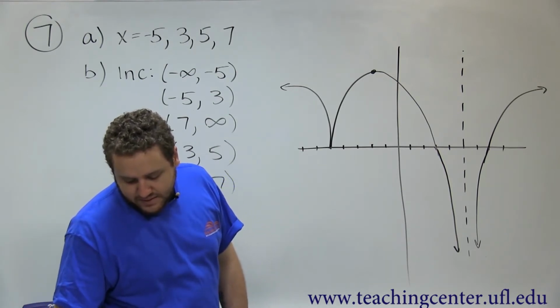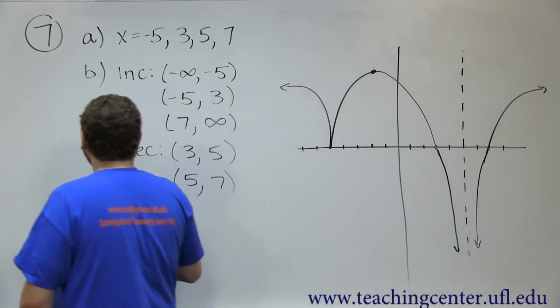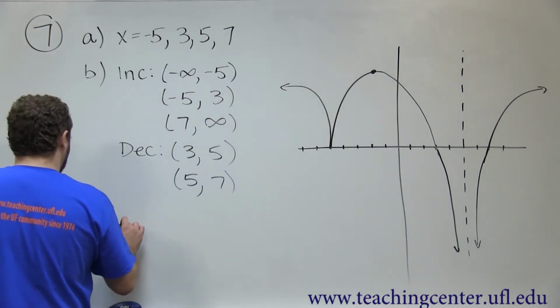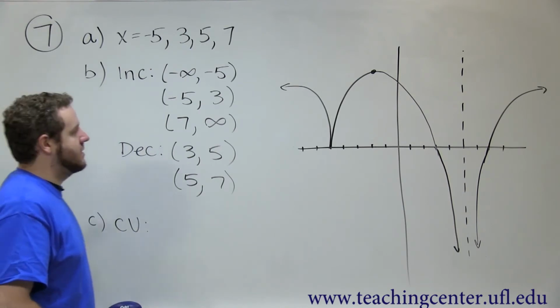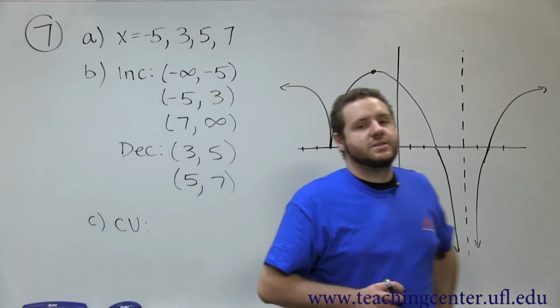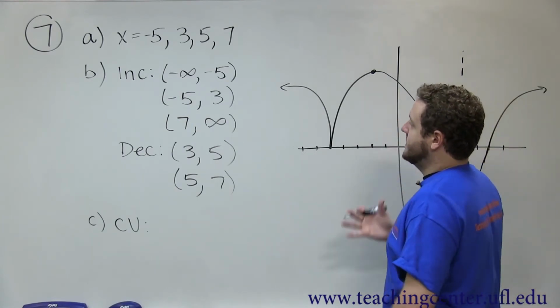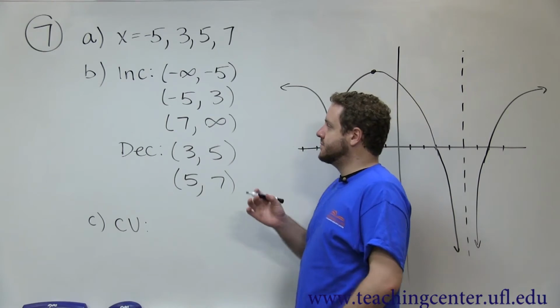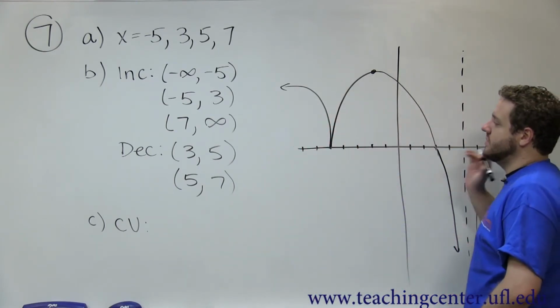And for part C, we're asked, where is f of x concave up or down? So where is it concave up? Concave up is when our second derivative is positive. The easiest way, I think, to think about this is to recall what we knew about the first derivative.